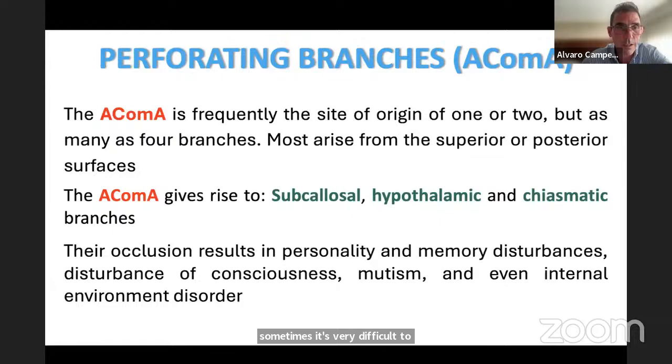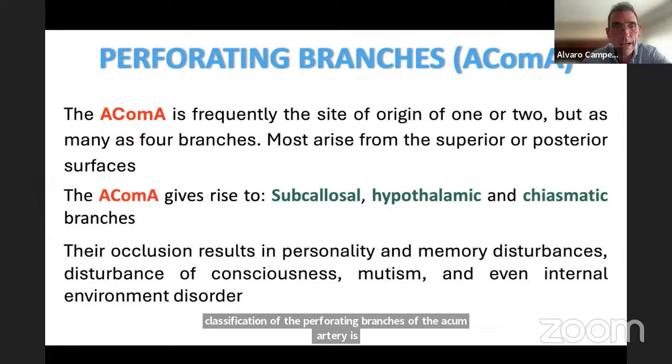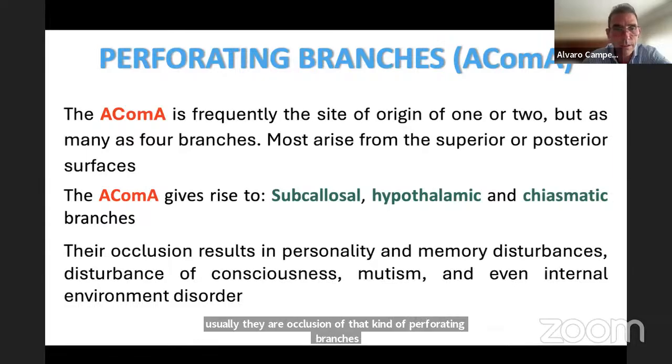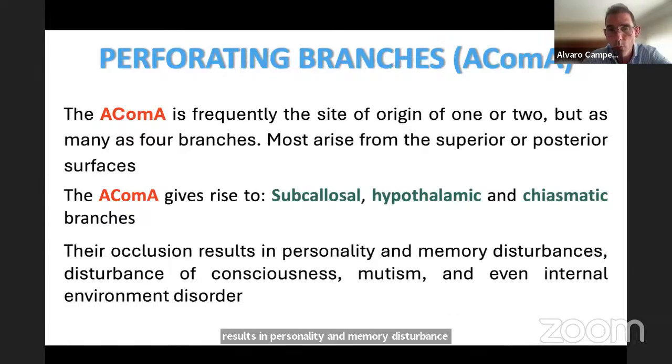perforating branches. The classification of the perforating branches of the ACom artery is subcallosal, hypothalamic, and chiasmatic branches. And usually occlusion of these perforating branches results in personality and memory disturbance, disturbance of consciousness, mutism, and even internal environment disorder.